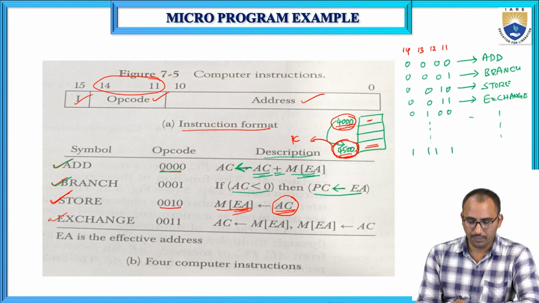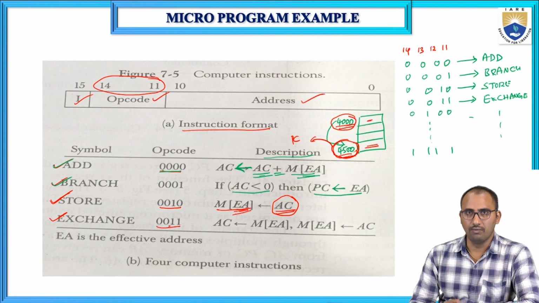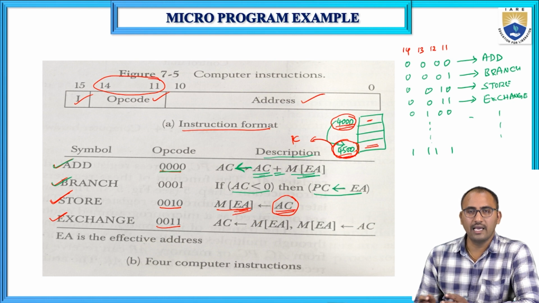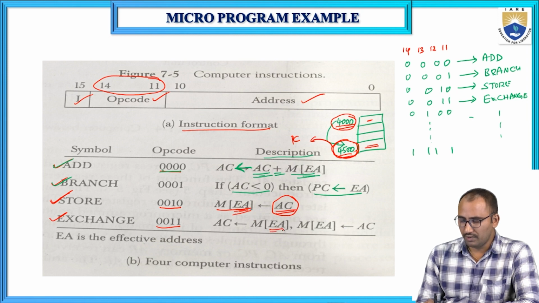And next one is exchange. For this operation, the opcode is 0011. Here the contents of the register and memory get exchanged. We have an effective address.